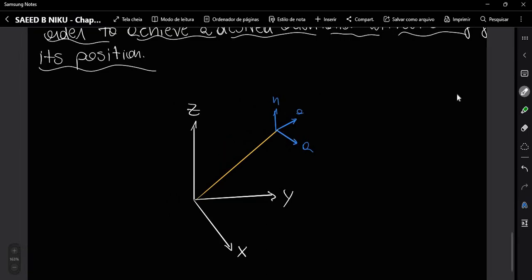Right, here's the hand, the hand and the universe reference frame, and we can call it R as well.